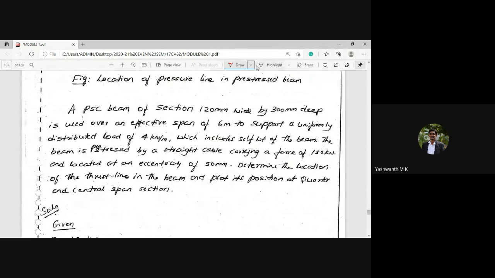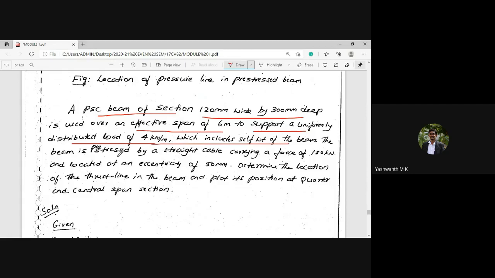Now the next problem says: a PSC beam of section 120 by 300 is used over an effective span of 6 meter, which supports a UDL of 4 kilonewton per meter, which again includes the self-weight of the beam. The beam is pre-stressed by a straight cable carrying a force of 180 kilonewton, located at an eccentricity of 50 mm.